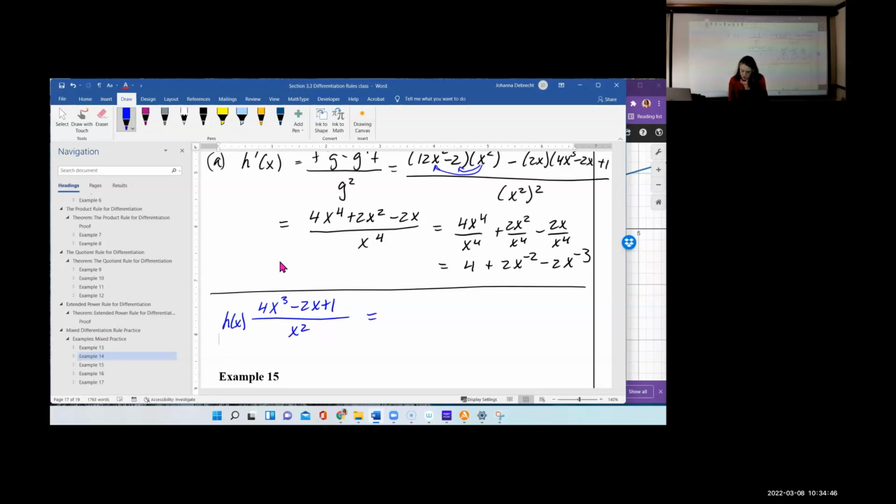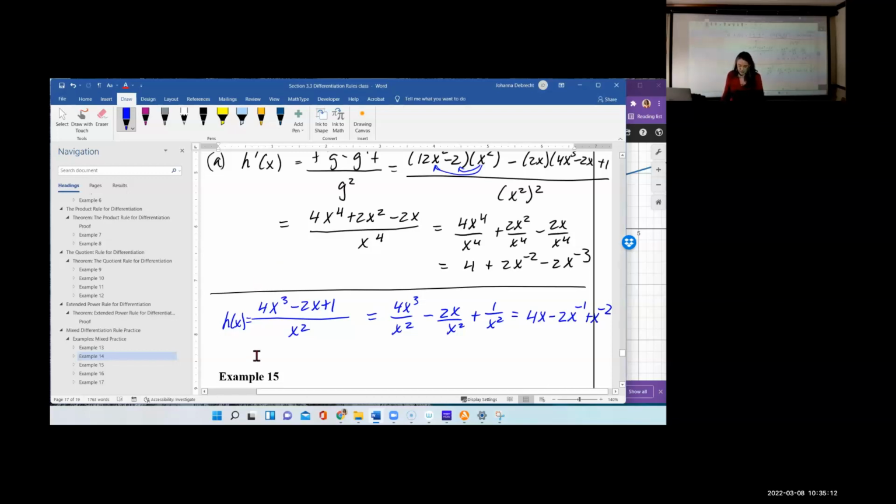I could have reduced it from the beginning and written it as 4x cubed over x squared minus 2x over x squared plus 1 over x squared, which would reduce to 4x minus 2x to the negative 1 plus x to the negative 2.